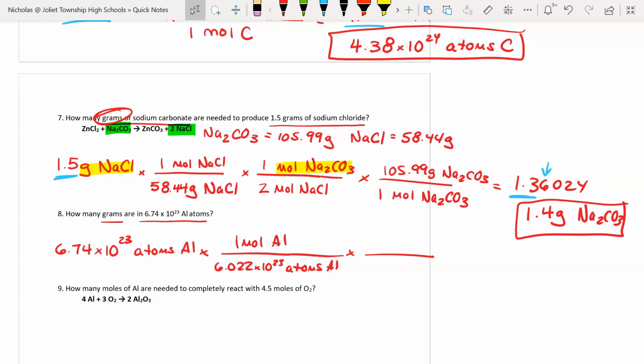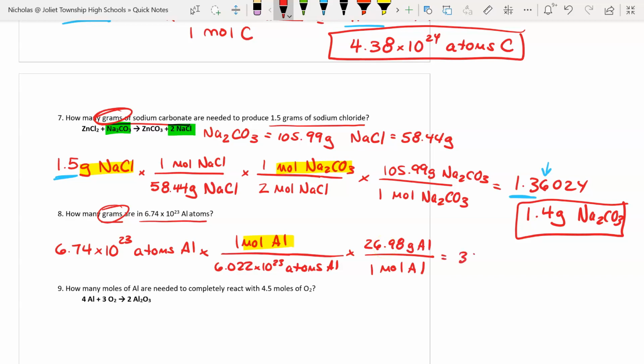Now to go from moles to grams, because again, this is what the question's asking for, we need to use that molar mass. So we're currently in moles of aluminum. For every 1 mole of aluminum, if you look up aluminum on the periodic table, its molar mass is 26.98 grams of aluminum.